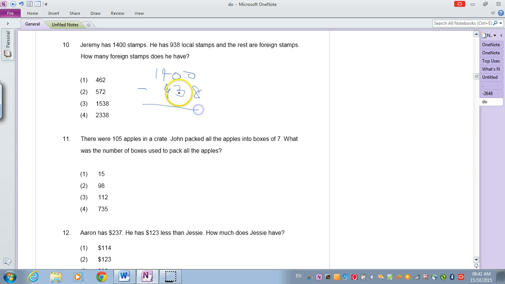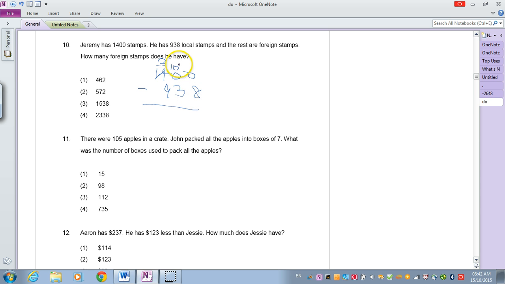Okay, so now we know that 0 ones cannot subtract by 8 ones, so we have to regroup from our tens. However, I also have 0 tens here. So I have to regroup from the hundreds. So let's regroup. If I regroup 100 away, I'm left with 3 hundreds, and that will give me 10 tens. However, I still have 0 ones here.